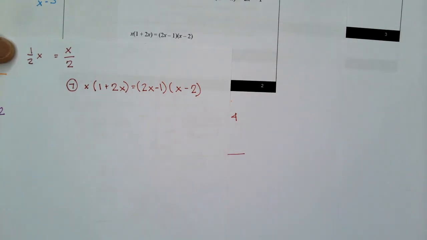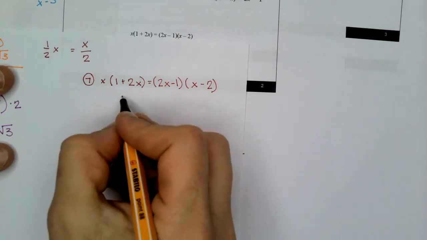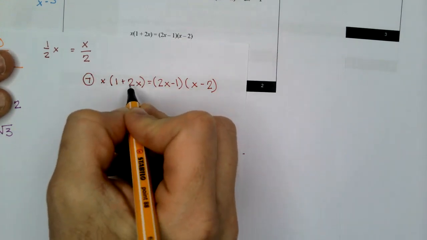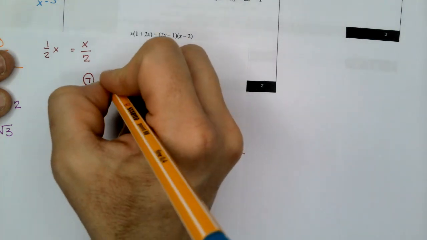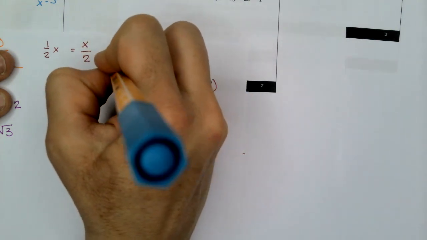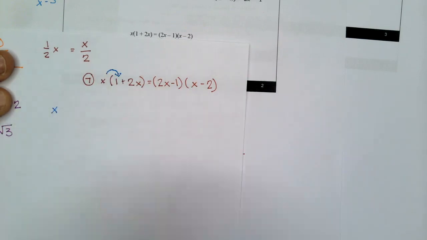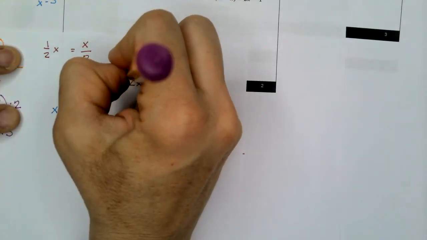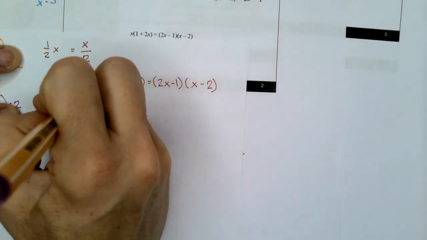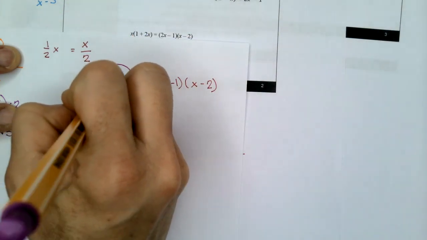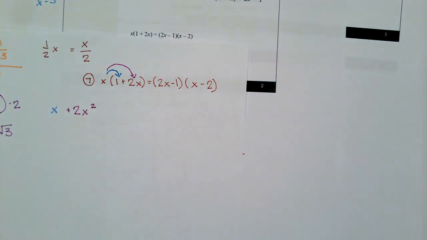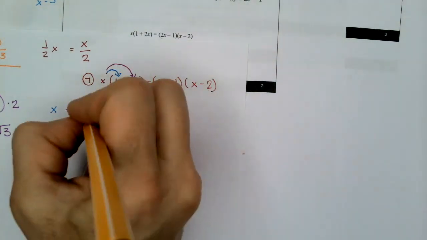First, on the left side, we have a monomial times a binomial, so we're going to distribute that monomial. x times 1 is x. I'm going to put it way over here because I know I'm going to run out of room. x times a positive 2x is 2x squared, because x times x is x squared, but the 2 remains just a 2, right?